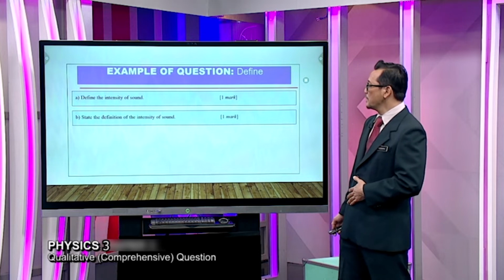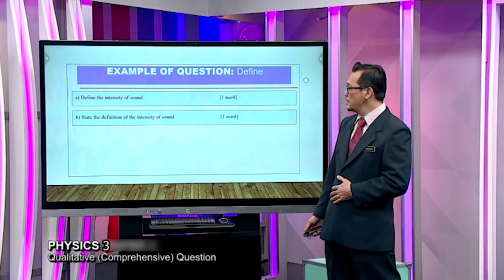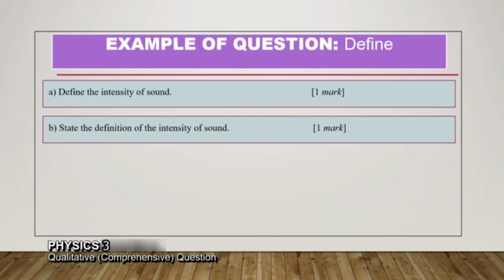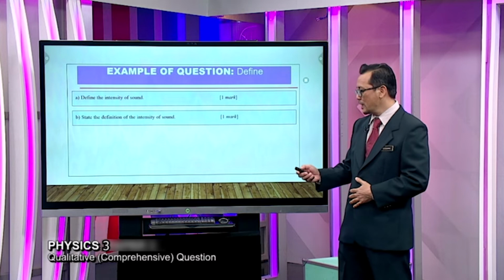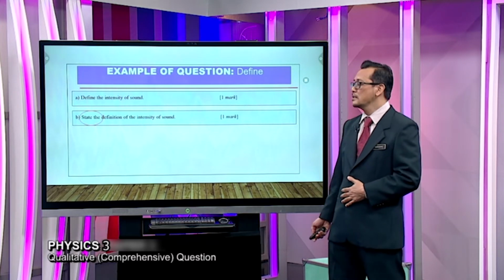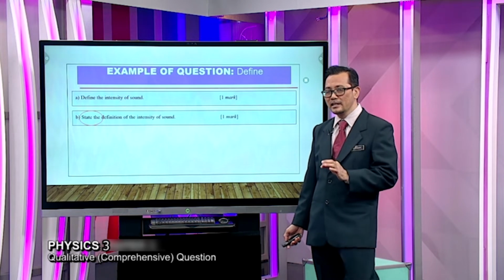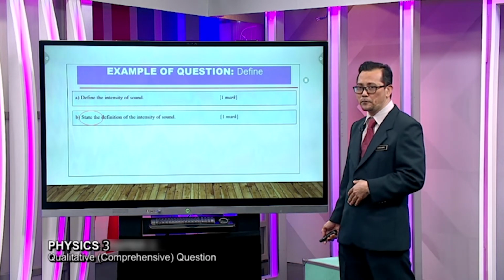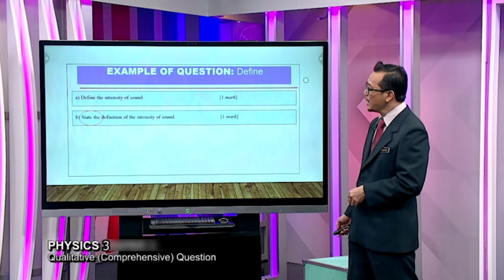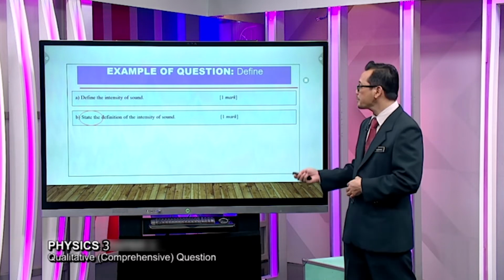Question A: define the intensity of sound. Question B: state the definition of the intensity of sound. They look similar, but look carefully that the second question starts with the word state. Let's see the difference between question A and question B.